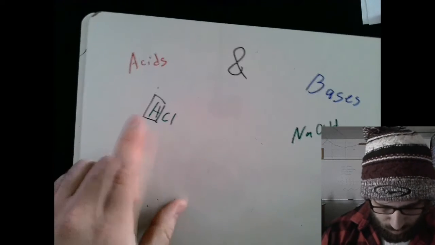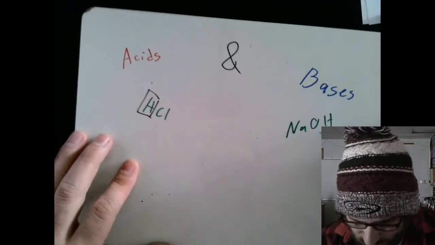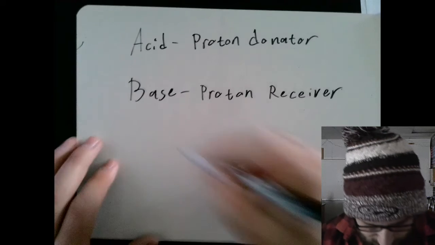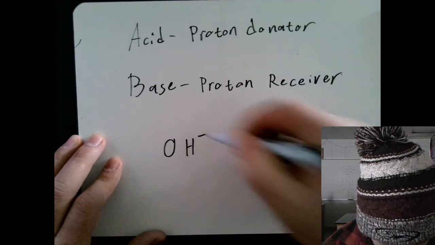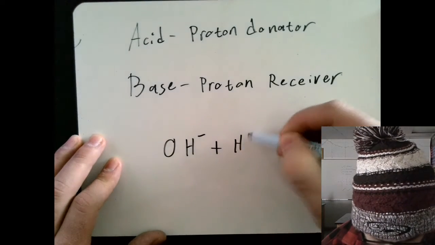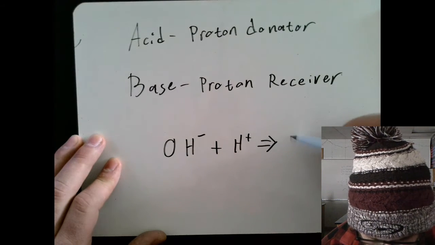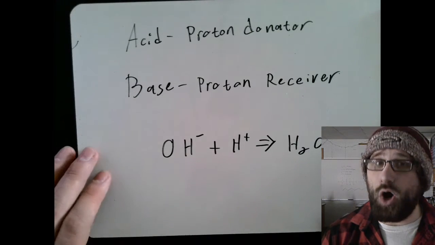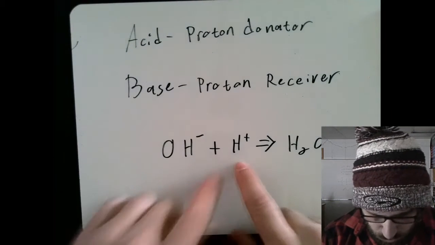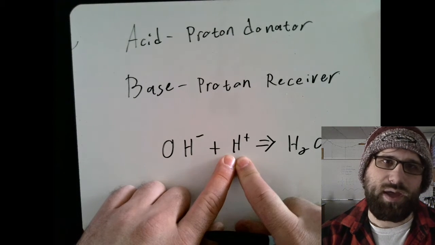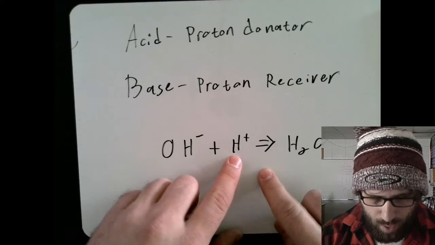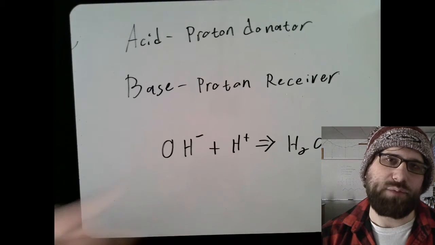So if we look back at this initial example, HCl and NaOH, NaOH is a base because that OH anion would love to accept a proton and become water. So this is the backbone of all acid-base reactions: hydrogen as an ion acting just as a proton, a single proton moving around, bouncing between substances.